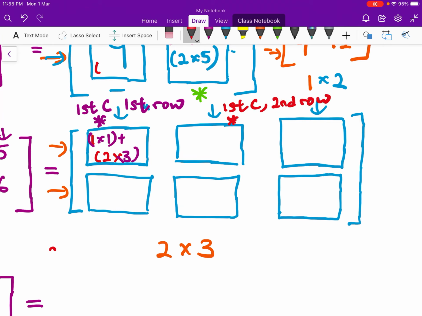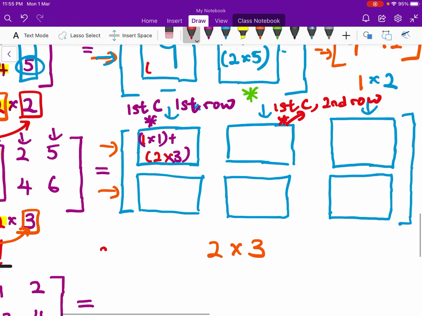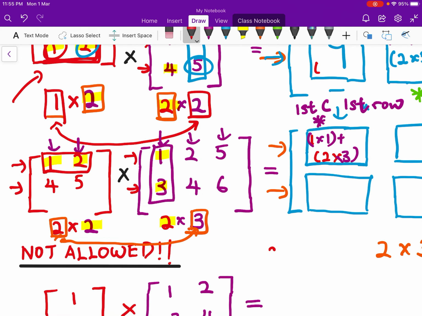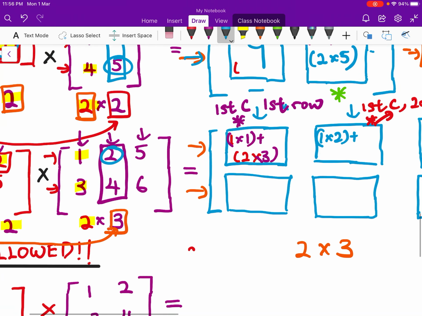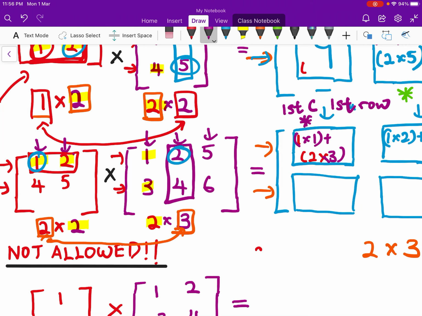Since we are dealing with first column, second row, my red color matrix's first column remains, but the purple matrix we erase first. Then we go to the second row. Now our focus is the 1, 2 and 2, 4. Same thing: 1 times your 2, first number times first number. Then we add a plus sign, second number 2 times your second number 4, 2 times 4.